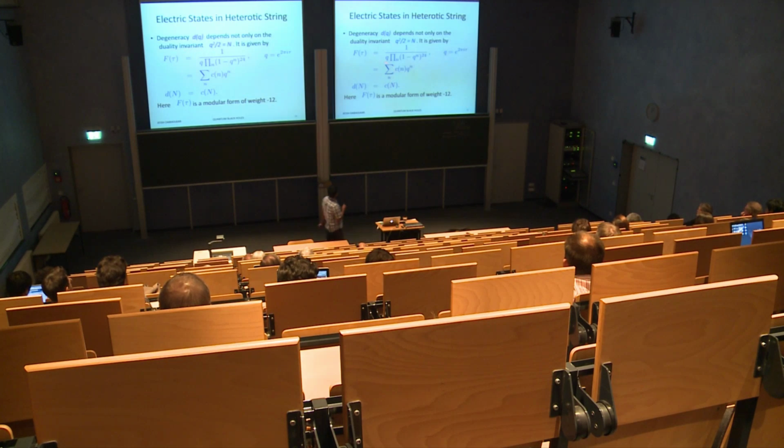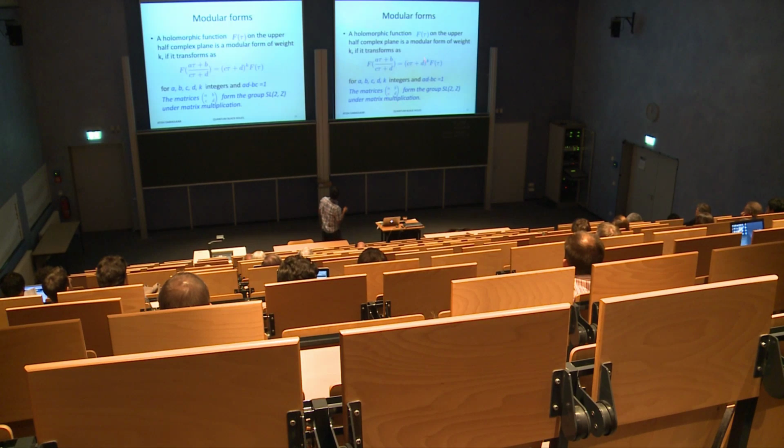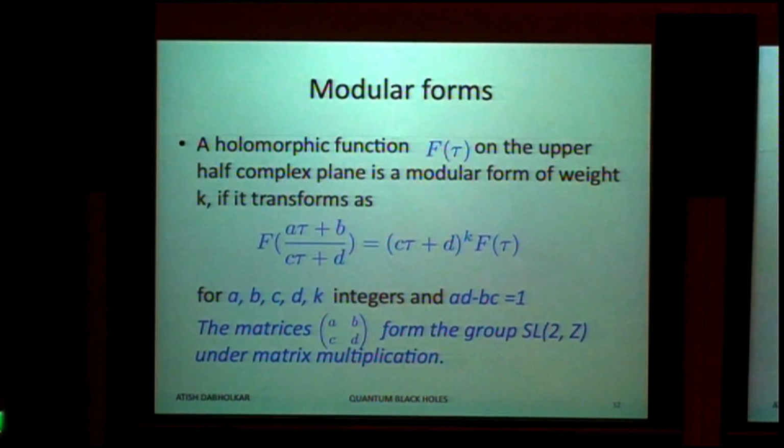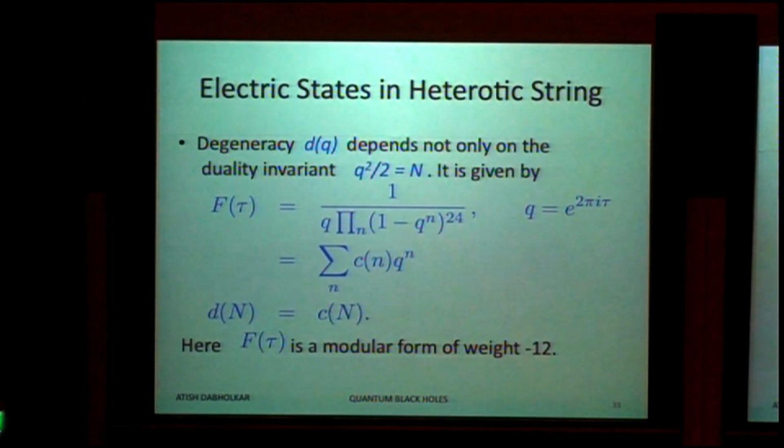A simple example of such a modular form, and this number k is called the weight of the modular form. So one of the examples, for example, is that the degeneracy depends only on some invariant n, and is basically given by a Fourier expansion of this function. The function here is just 1 upon q, product over n, 1 minus q to the n, where q is e to the 2 pi i tau.